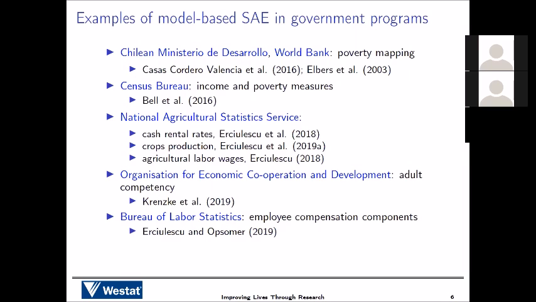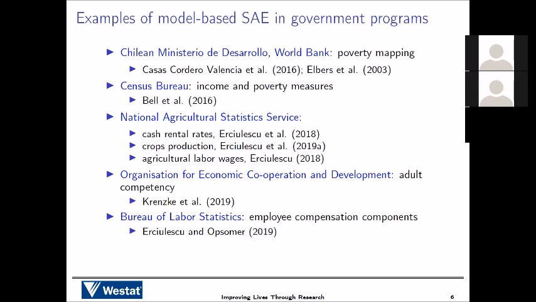The National Agricultural Statistics Service has been considering small area estimation for three different programs: cash rental rates, crop production, and agricultural labor wages. OECD, in collaboration with NCES, has been interested in adult competency rates, so for that we're also looking into small area model-based approaches.